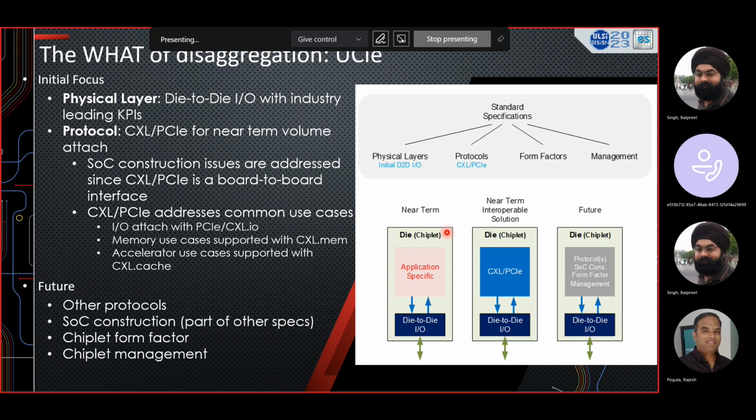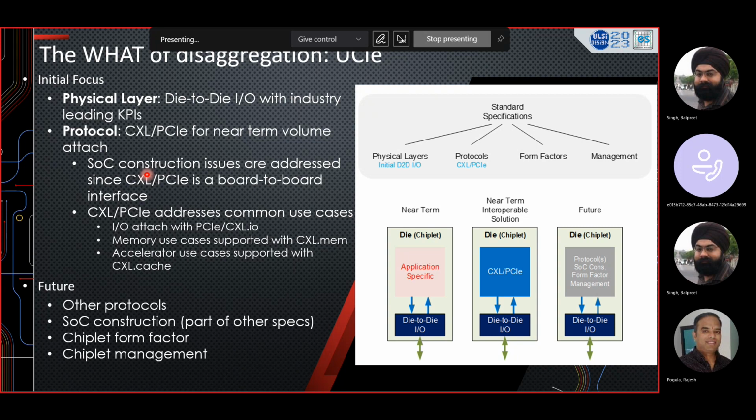Here it allows you to have the same solution, but now within the same package, which means that your protocol layer remains the same. Whatever additional logic you had remains the same. You just replace your PCI PHY with a die-to-die PHY, or the UCIe PHY, and the link layer, and you can have the entire solution in a single package. Currently, this is what is already included in the specification, CXL and PCI.